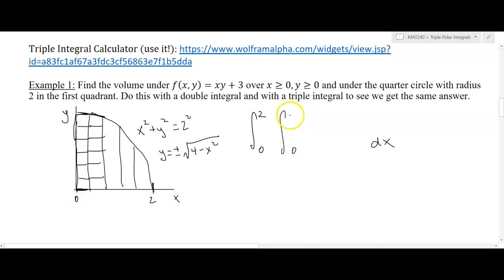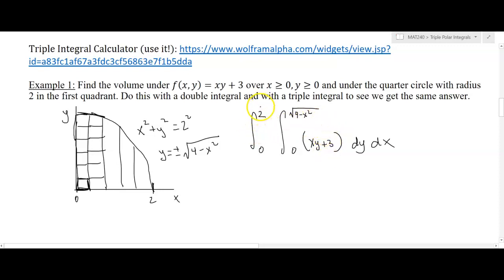So I'm just going to have the positive square root of 4 minus x squared. And then we have dy times dx. That's going to be the area, recall, of each one of these little rectangles multiplied by the height of that, which is going to give us the volume of that French fry. And the height of that function is xy plus 3.